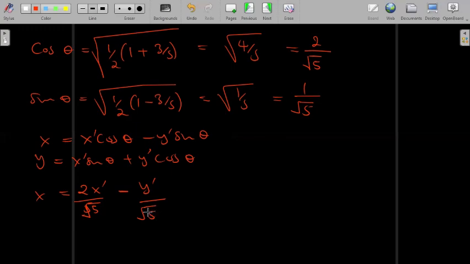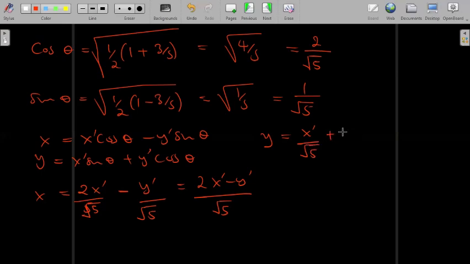After getting this, what can I do with this? I can actually join this. They have the same base. So this is just x prime minus y prime, all over root 5. Okay, good. Then I do y. I do the same and replace there, I just get x prime over root 5. If you have any question, feel free to ask.